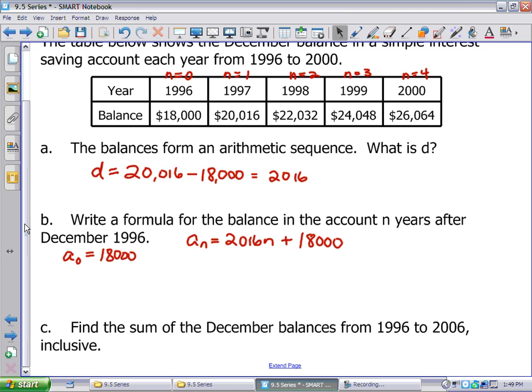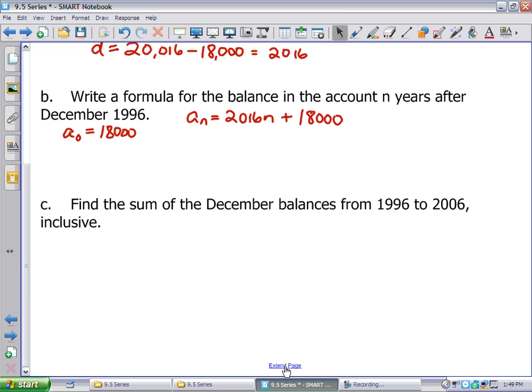Okay, lastly, it asks us to find the sum of the December balances from 1996 to 2006 inclusive. Okay, so inclusive means from 1996 to 2006, how many years? So including 1996 and including 2006, there's 11 years.